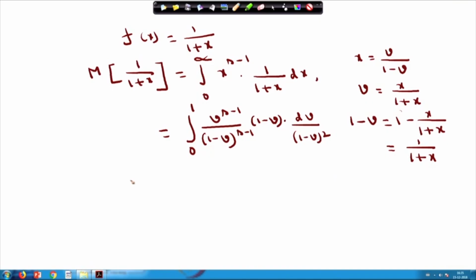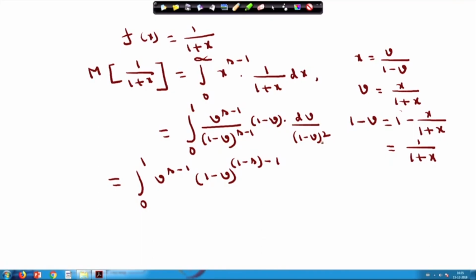So, once I am getting this, you can write integral 0 to 1 v to the power s minus 1 into, I can write it as, 1 minus v to the power 1 minus s minus 1, because one denominator becomes 1 minus v to the power s minus 1. You had 1 minus v in the numerator and here 1 minus v whole square.